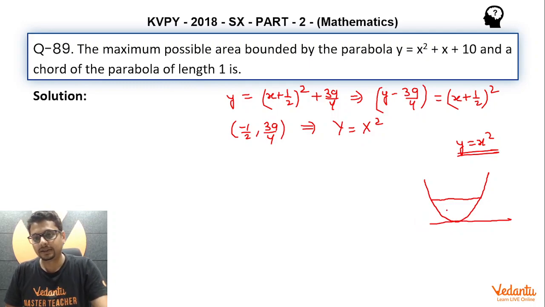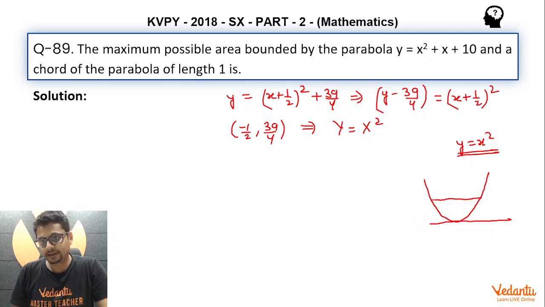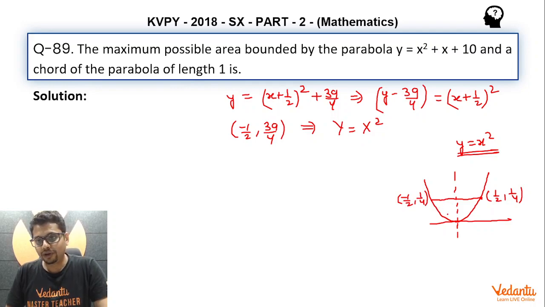So that means, since this chord is of 1 unit length, and as per symmetry, I can say this point is supposed to be half comma 1 by 4, and this point is supposed to be minus half comma 1 by 4. And this area would be what? This area would be essentially area of this rectangle minus area under this parabola above the x-axis.